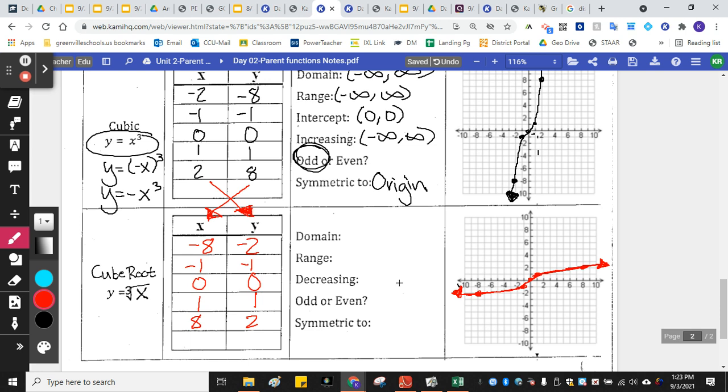Domain. Negative infinity to positive infinity. Going left forever. Going right forever. Going down forever. Going up forever. Where is this graph decreasing?